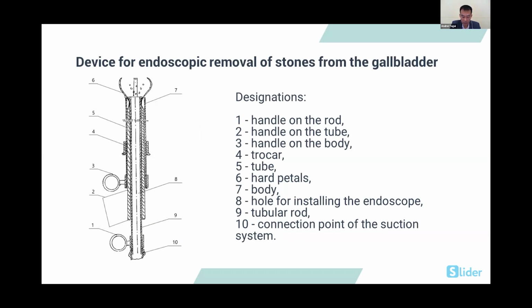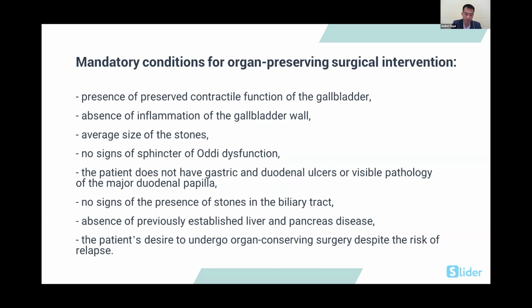A tubular rod is placed inside the tube with the ability to connect a suction system. The technical features of the invention make it possible to capture stones with petals under the control of an endoscope, crush large stones with rigid petals, and remove small stones using a suction system after removing the endoscope.